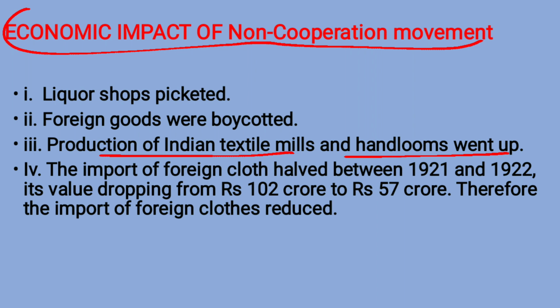Okay, what was the fourth economic impact? The fourth was the import of foreign cloth. Between 1921 and 1922, foreign clothes and foreign things decreased greatly, from 102 crore rupees to 57 crore rupees.